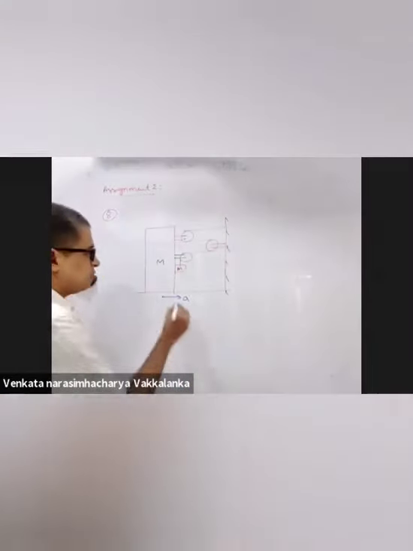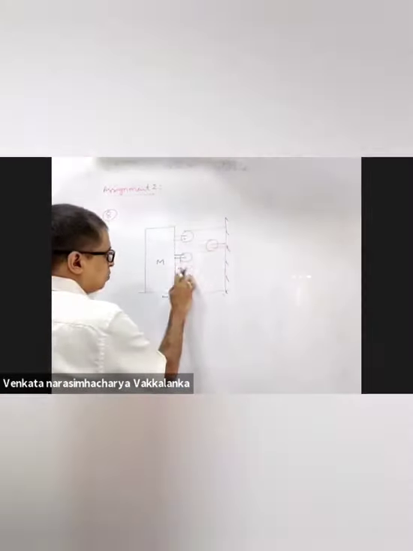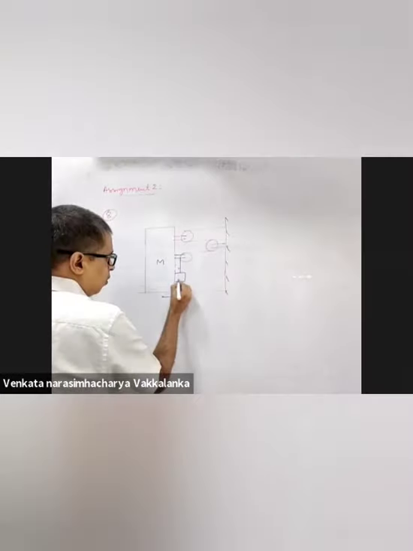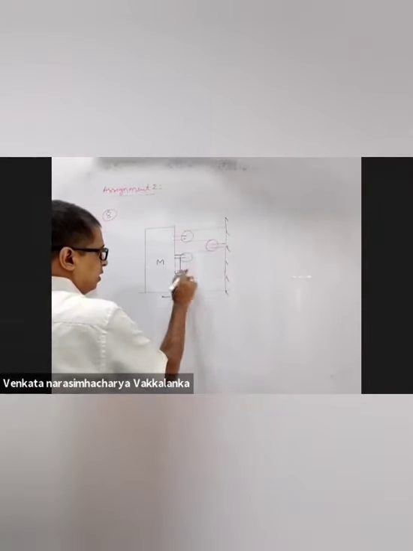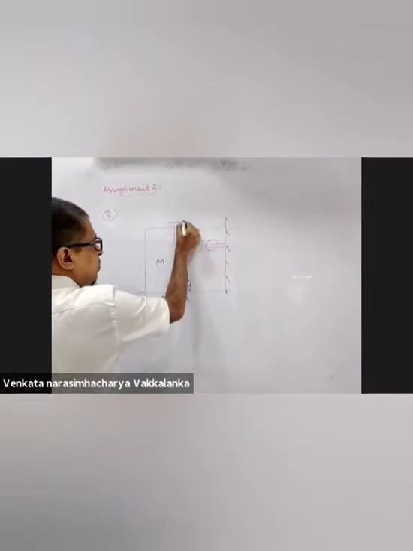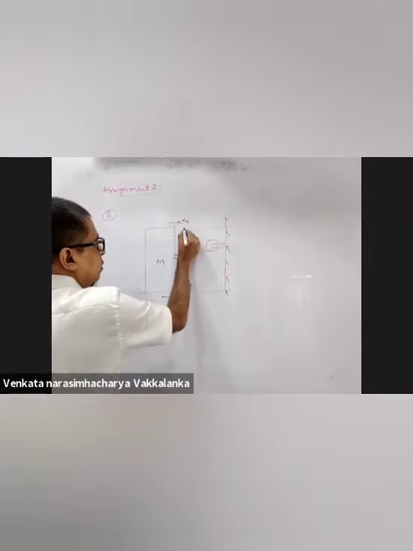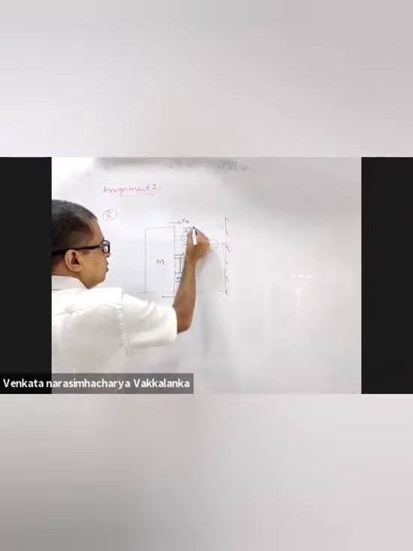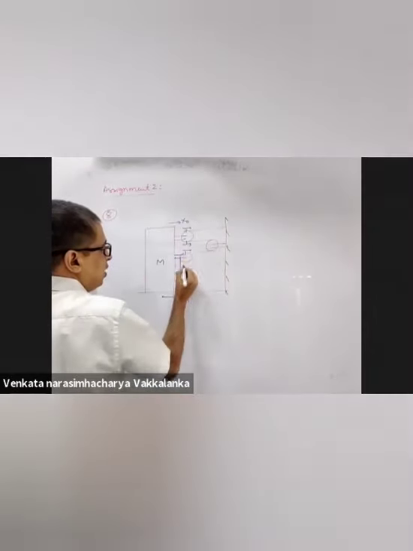Go by the constraints. This will have a displacement of, say, y in the downward direction. This will have a displacement of x naught, this will have x naught, this will have x naught.